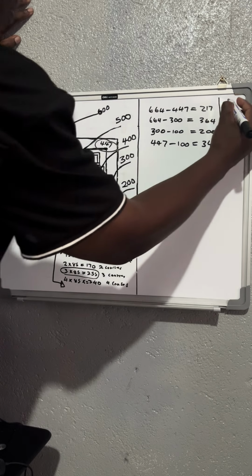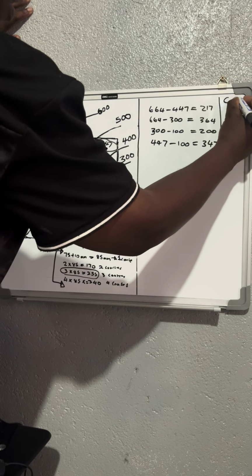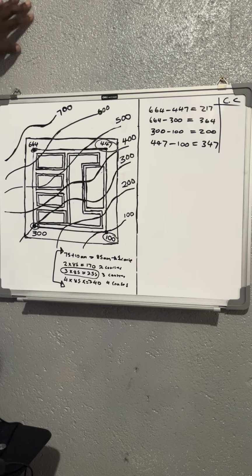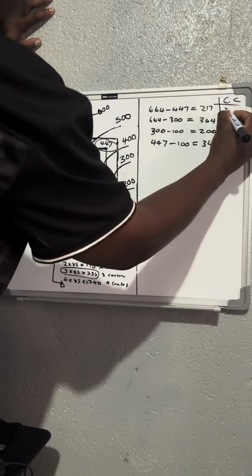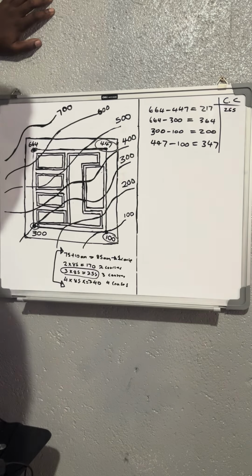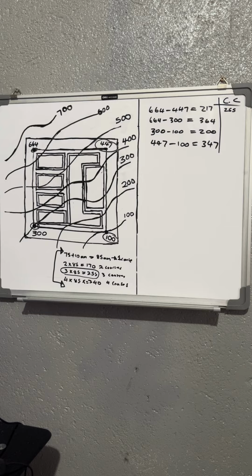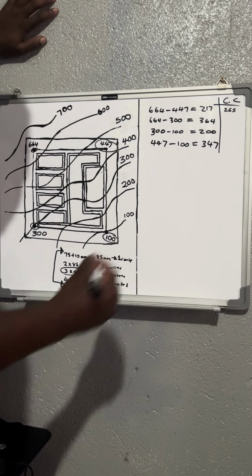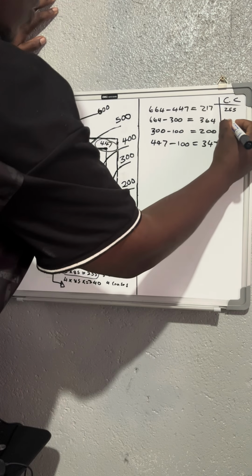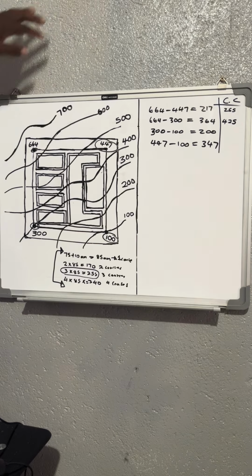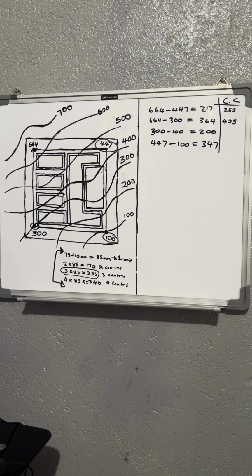So we can say the nearest courses for 217, we can use the one for 255. Then for 364 we can use 425. So let me just check something.